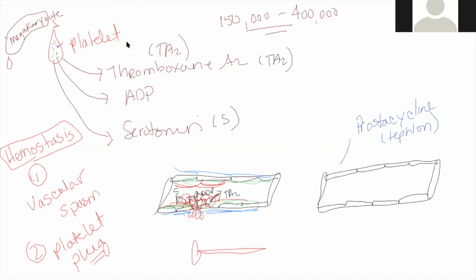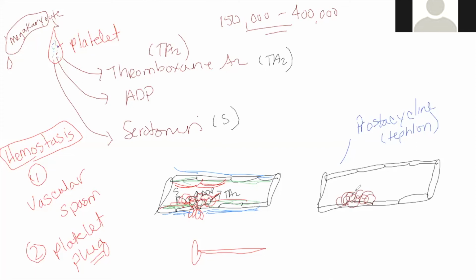So now we have this successful platelet plug here, right? And this vessel has been healed, right? But it is not a permanent substance. So it's not permanent. What we need is fibrin.